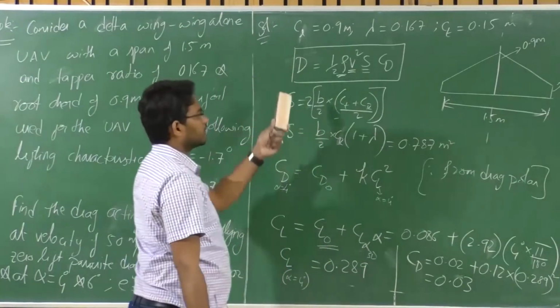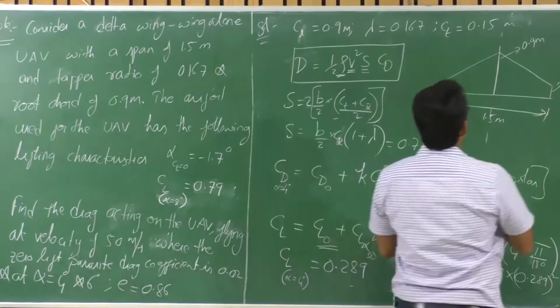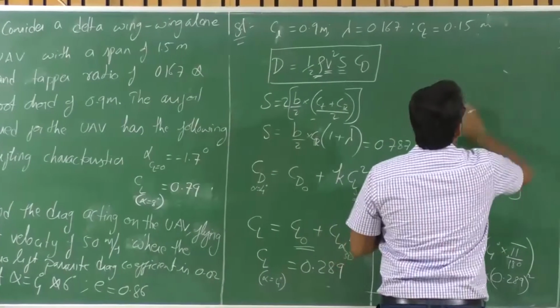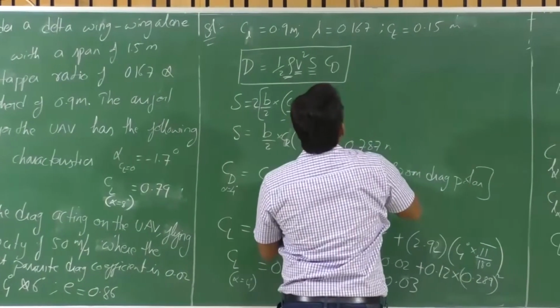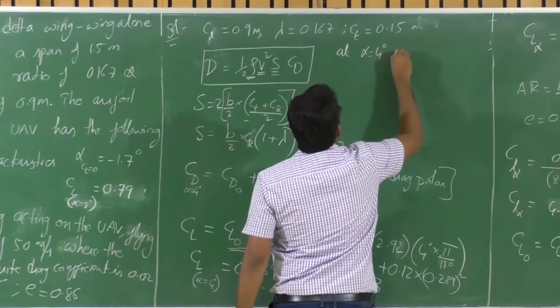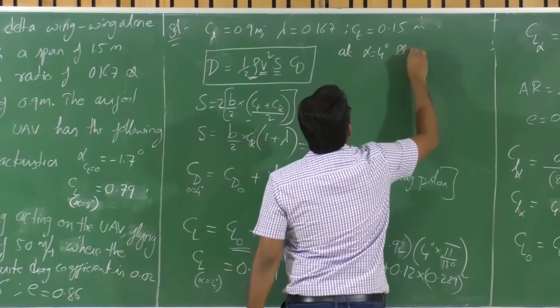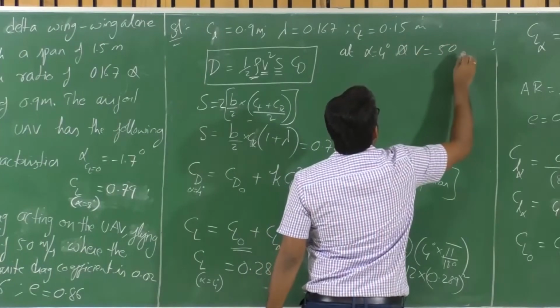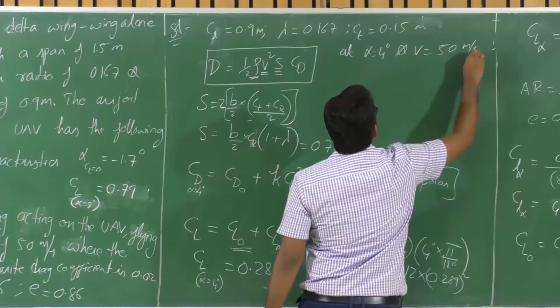50 meters per second. If we substitute that, what is the value of drag acting on this UAV at alpha equals 4 degrees, when it is moving at 50 meters per second?